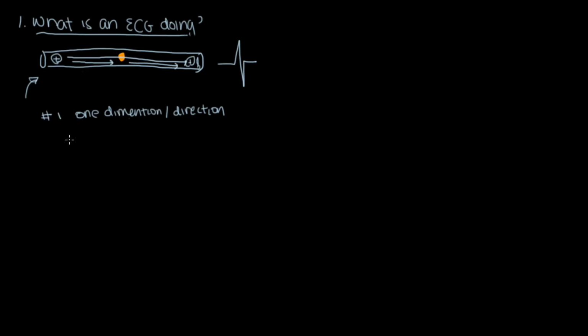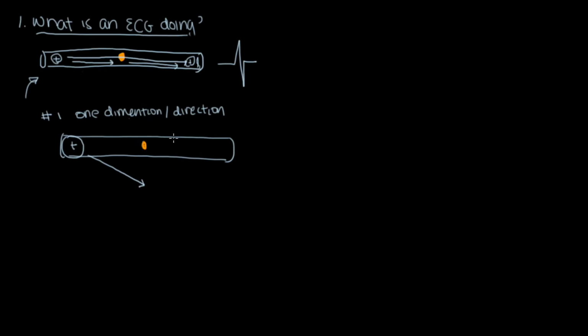But if you were to have a situation where, say, you had a charge moving in a diagonal direction like this, you can't fully capture what this charge is doing with a tube that's going this way with a sensor, right?